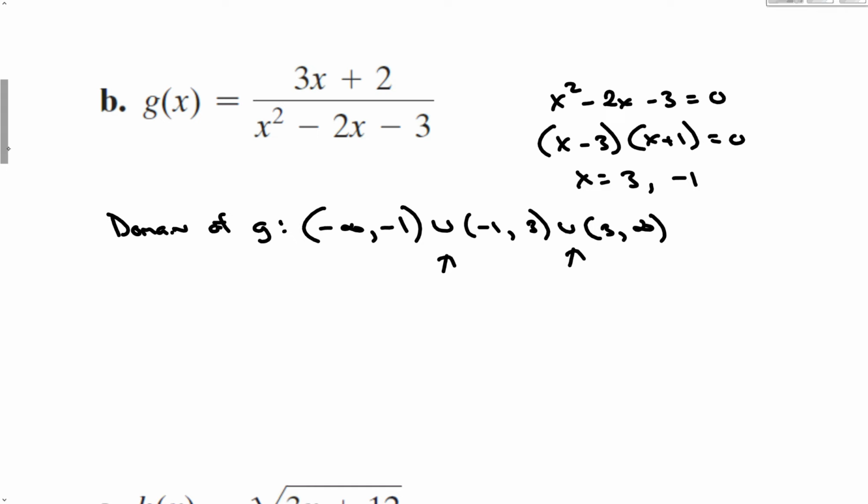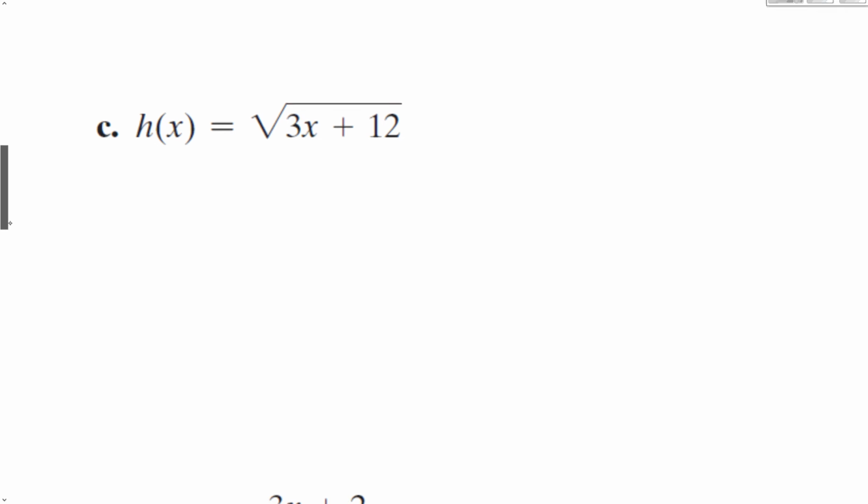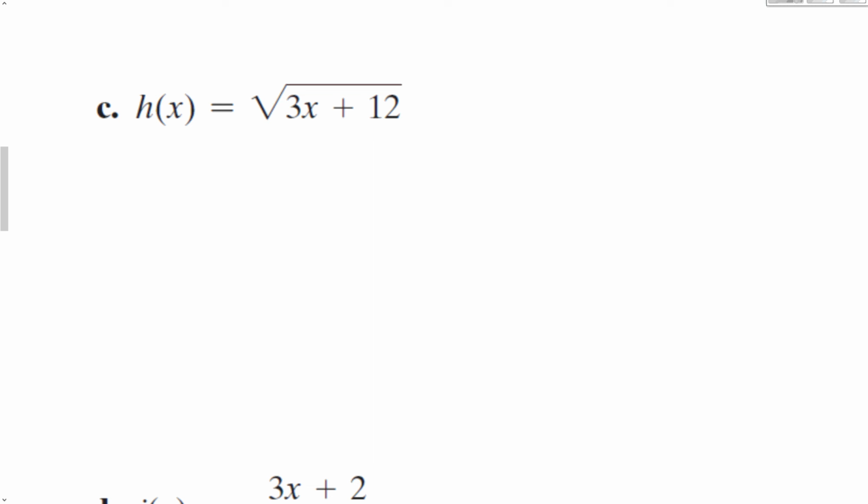Okay. Next. Now we have a radical, and it's a square root. So my domain here is going to be all real numbers except for the places that make the radical negative. So I want to know where this stays greater than or equal to 0.